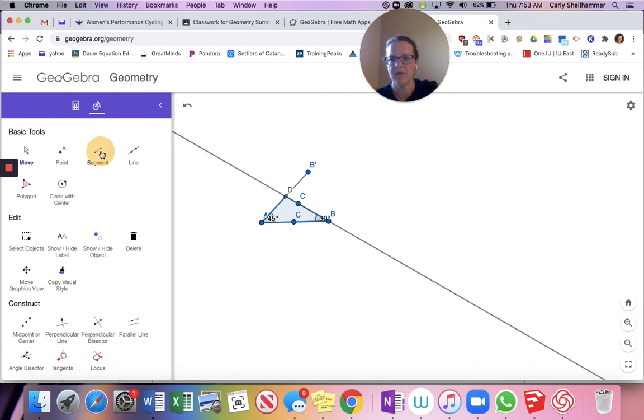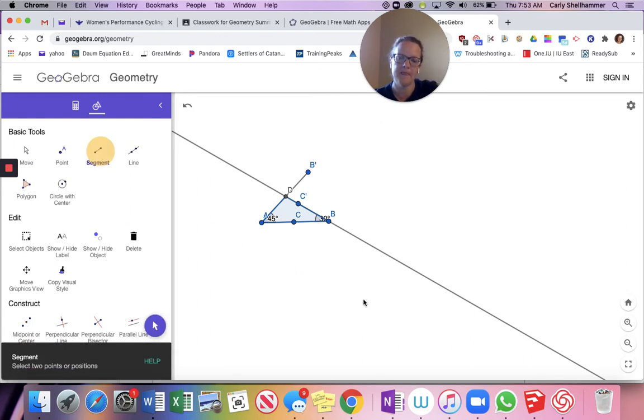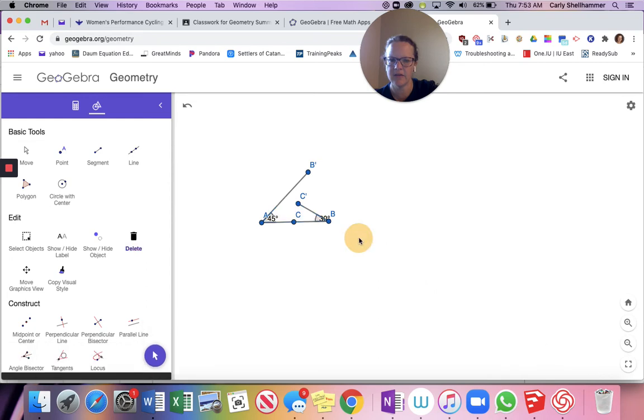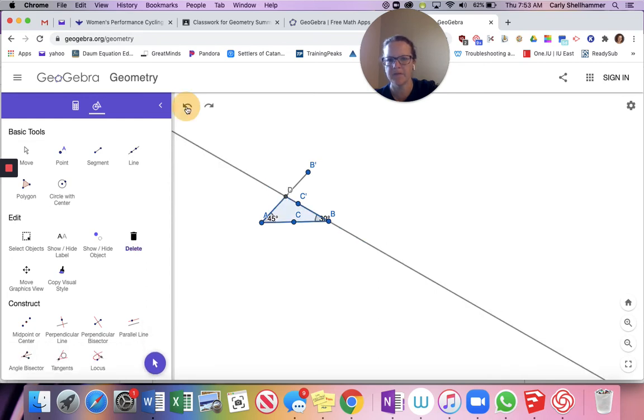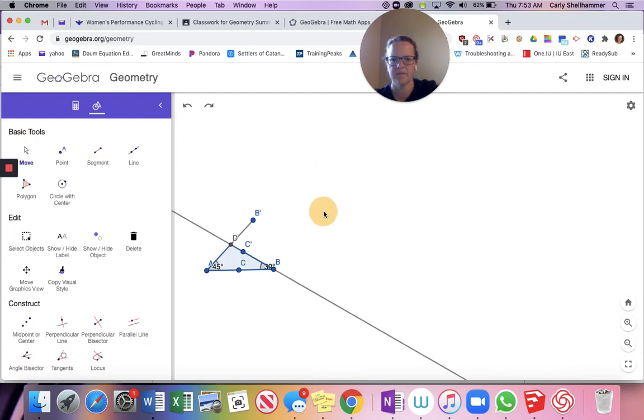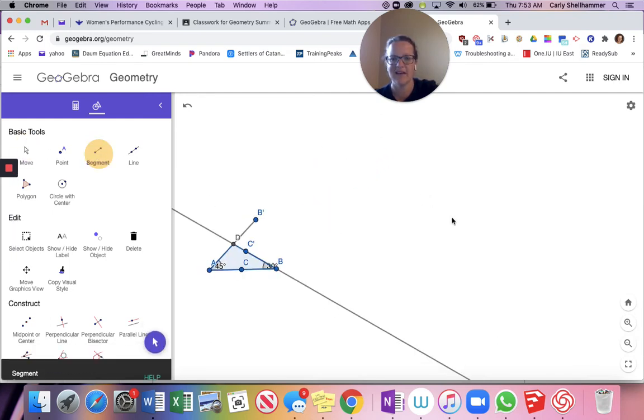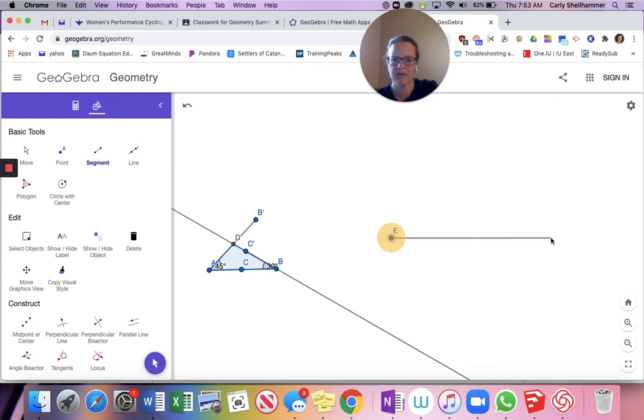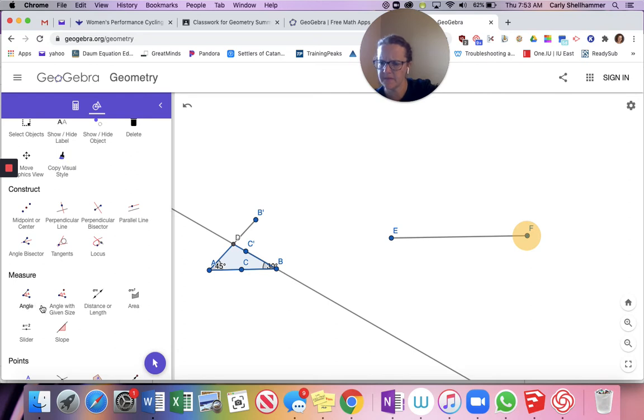Now I'm going to make one that is significantly different. First I want to see if I can delete that line and not lose everything. Nope. Okay, so segment. I just needed that out of the way. First make it a little bit bigger. And 45 degrees.